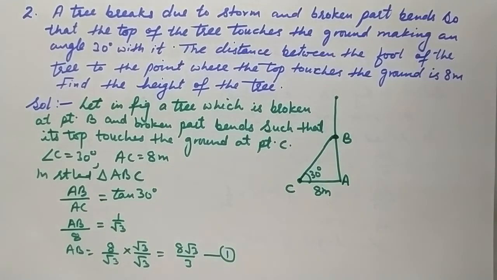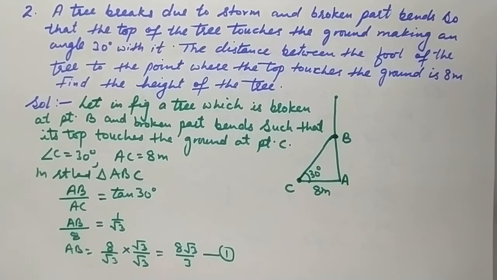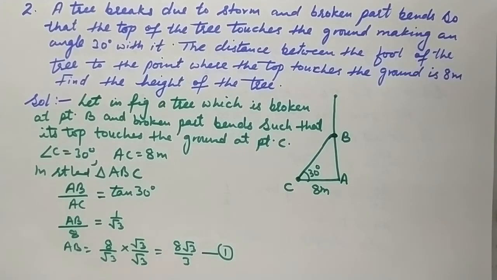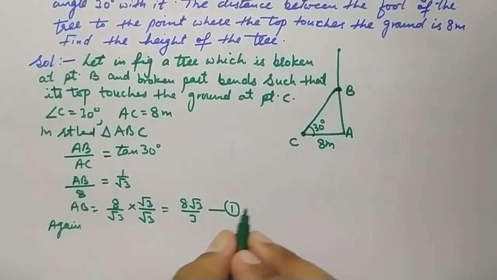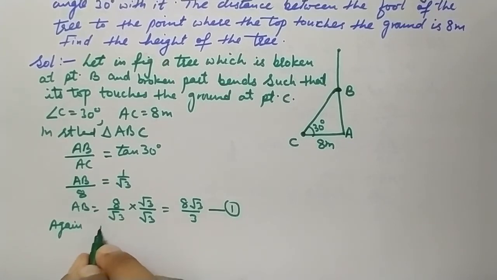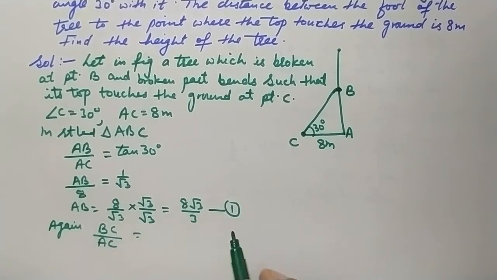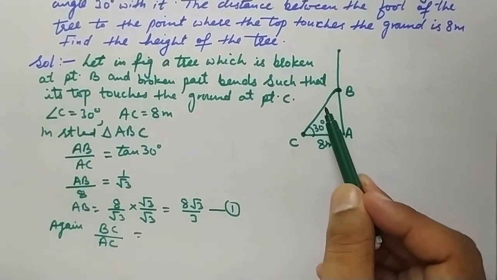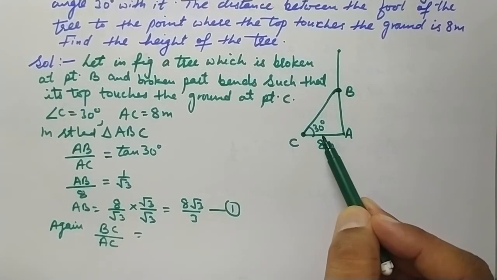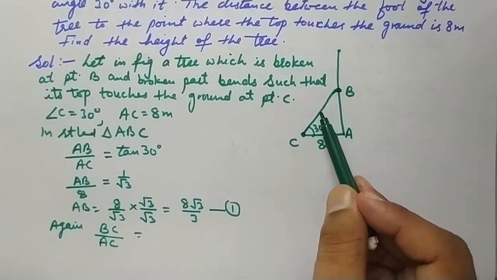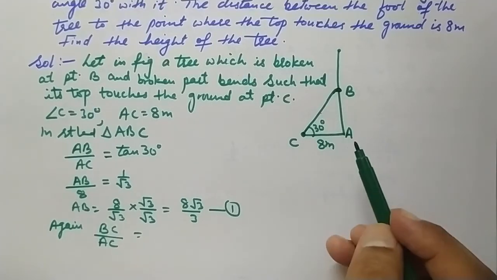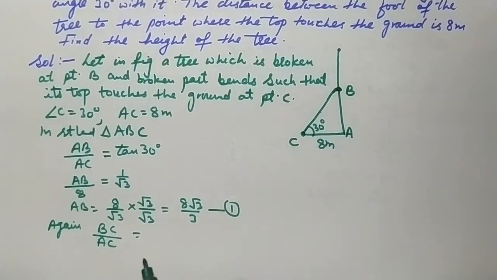Now our motive is to find the value of BC. So again I need to find BC. BC over what is given here, AC. So see here, BC over AC is H over B. You know B over H is cos, so H over B is secant theta, the reciprocal of cos.